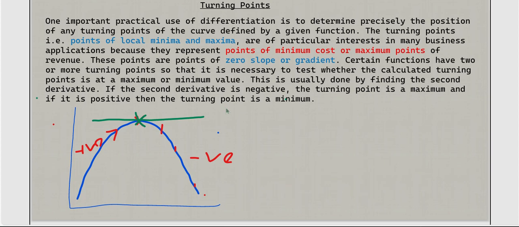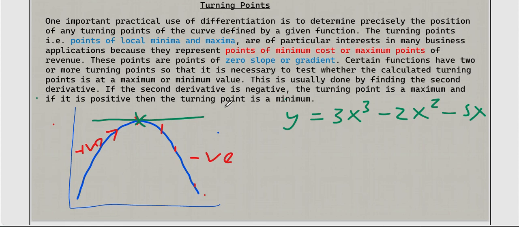Now, assuming we have y equals 3x cubed minus 2x squared minus 5x. Let's assume this is our curve, and you're told to get the point where the gradient is 0, or find the value of x where the gradient is 0.